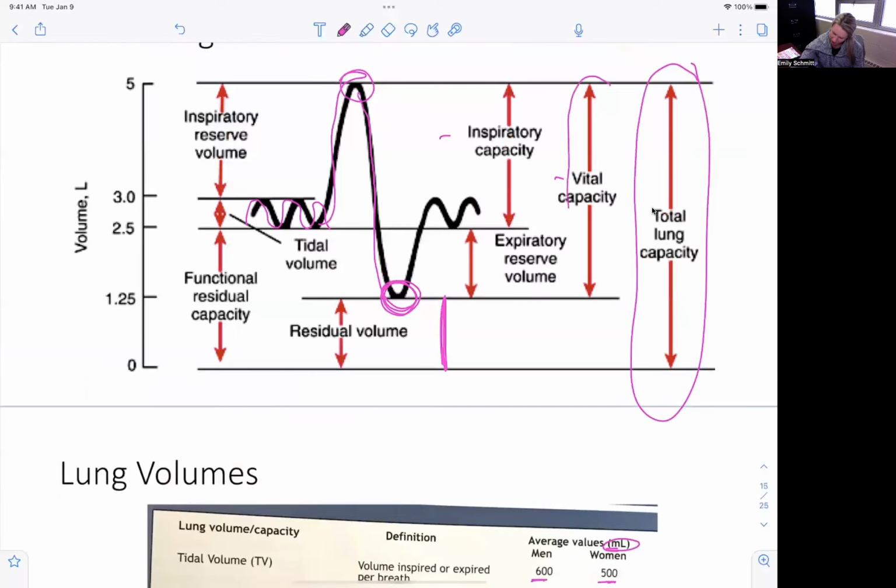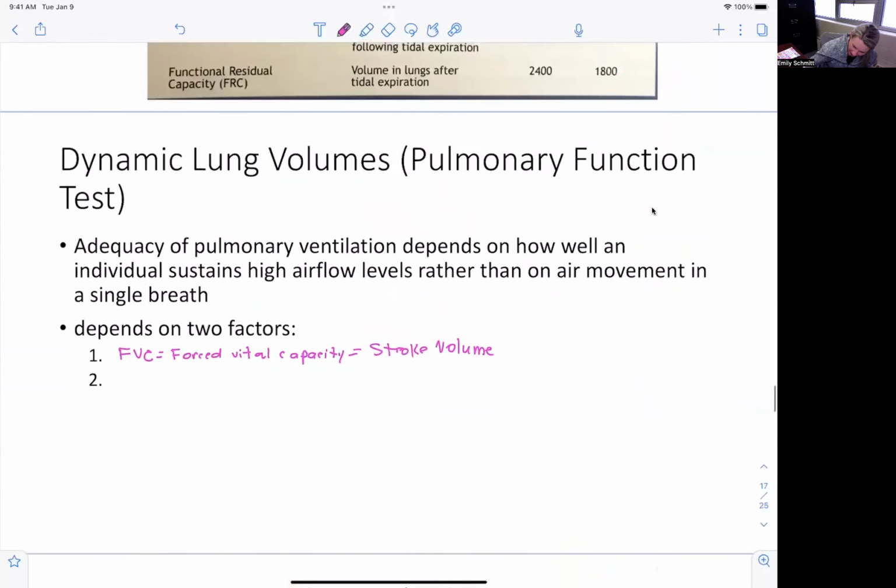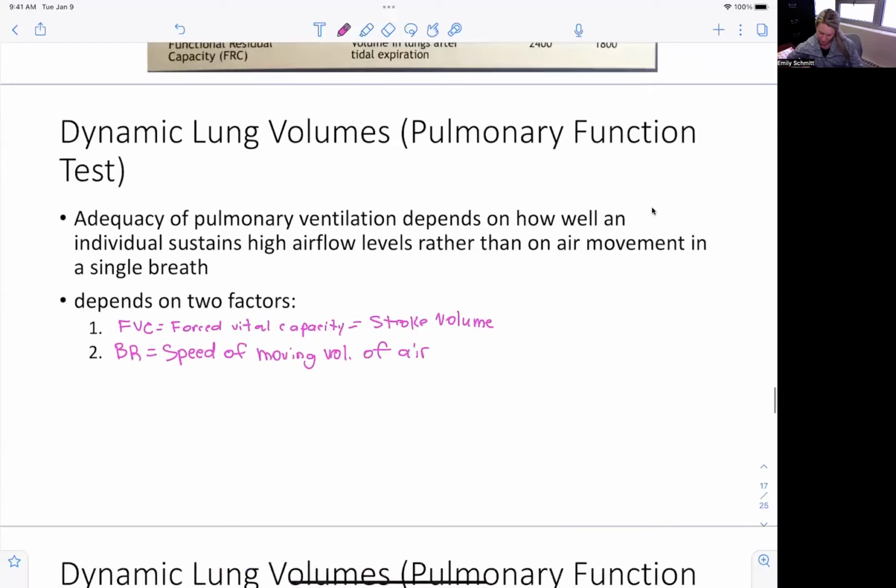And that is right here. Forced vital capacity. Inhaling all of the air, exhaling all of the air. All right, forced here. Forced vital capacity. The second factor is going to be breathing rate. So our speed of being able to move volumes of air.